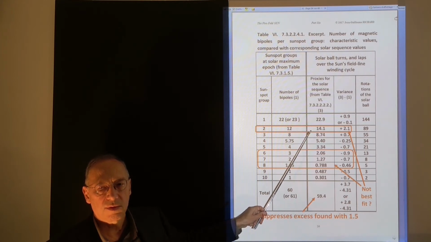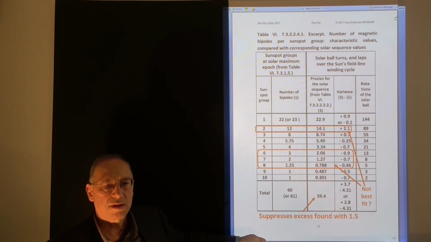Here we have more than 14 instead of 12. And for these three groups, we have large discrepancies. The main advantage compared to factor 1.5 is that we suppress the excess. We have almost exactly 60 B-poles using this rule of thumb.